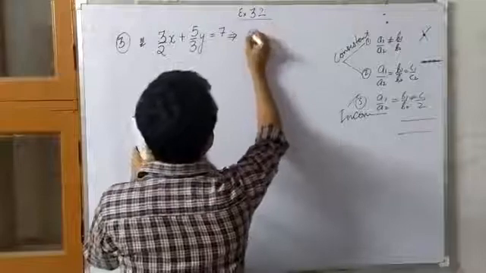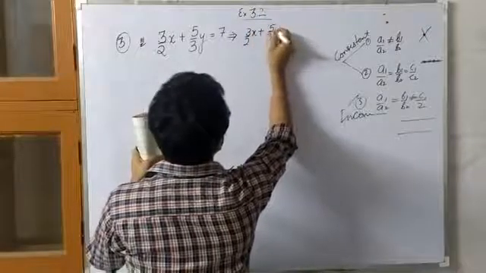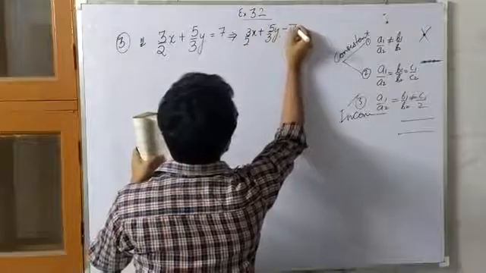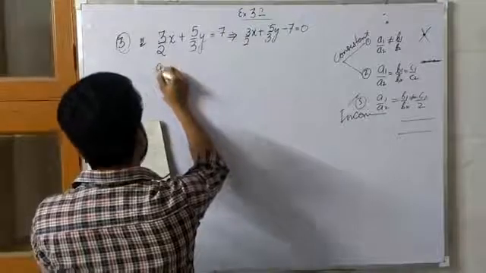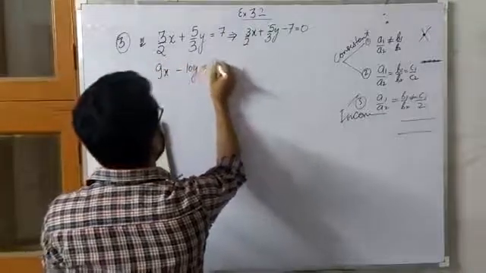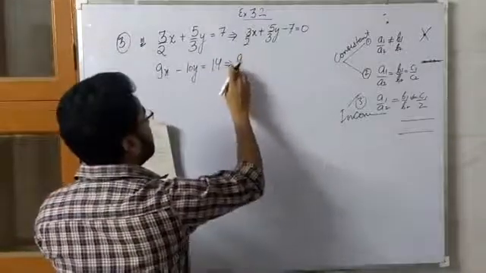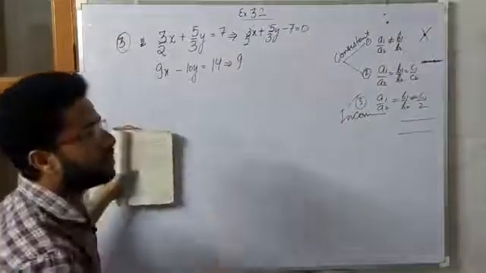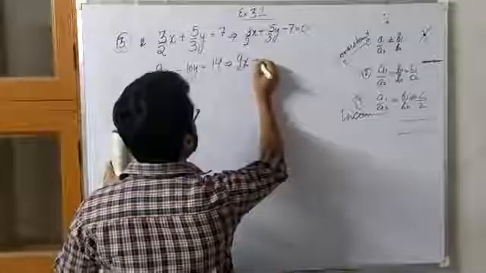So we will write 3 by 2x plus 5 by 3y minus 7 equals 0. So the second equation is 9x minus 10y equals 14. This also we will make in the form a2x plus b2y plus c2. So that means this 14 should be on the left hand side.